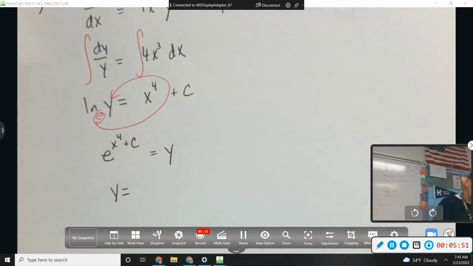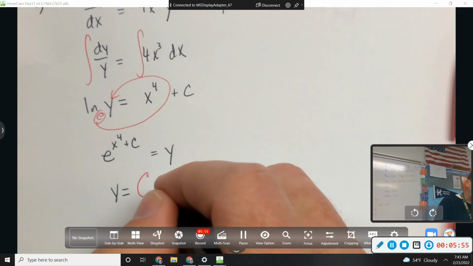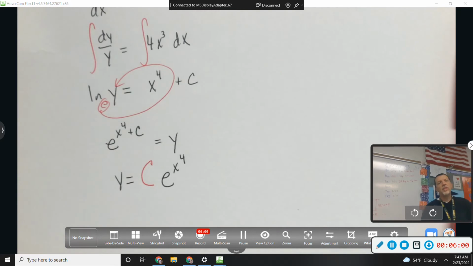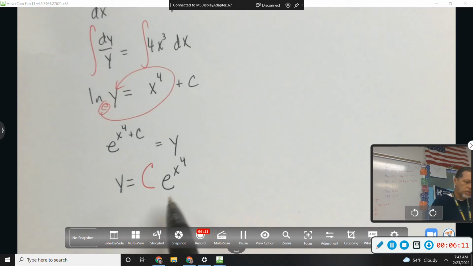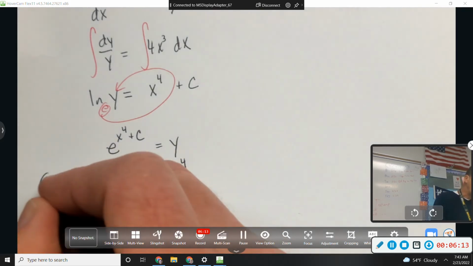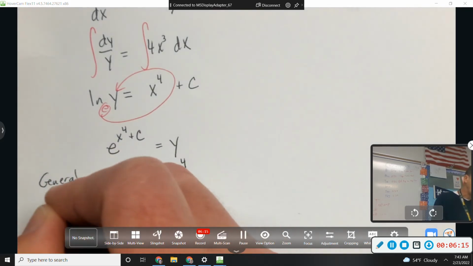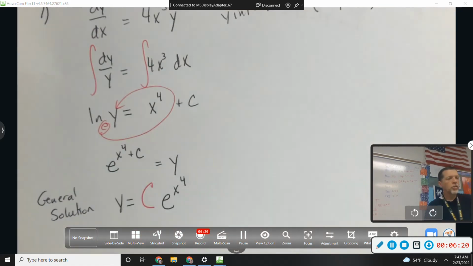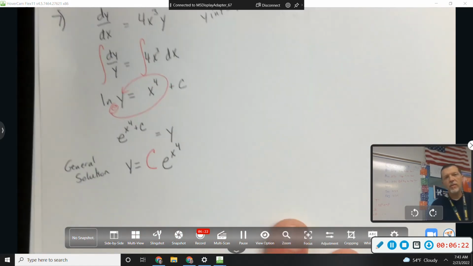And then we can kind of switch our c's around and put that c at the bottom, or as a coefficient. It's a different c. That's not the same value, but we don't have a value yet, so it doesn't matter. Okay, so that's the general solution. I need to make sure I use these words, because there's a c in there. The particular solution means use the point to figure out what the answer is.